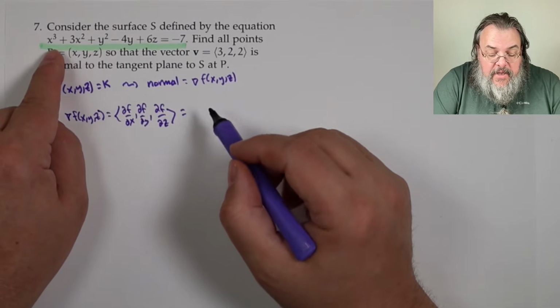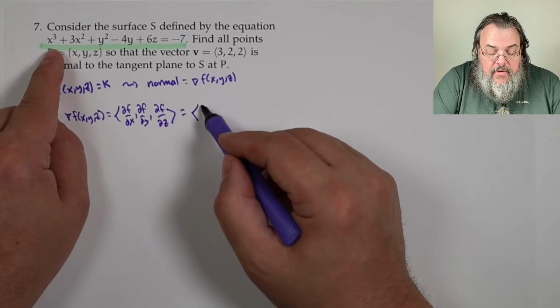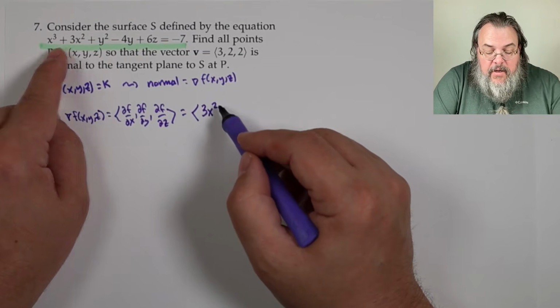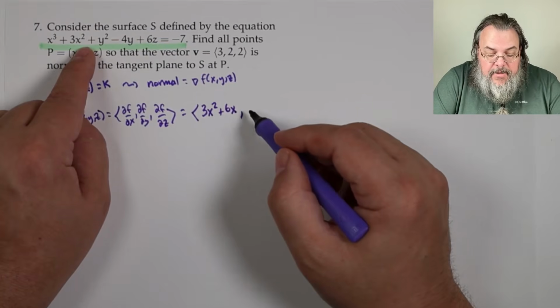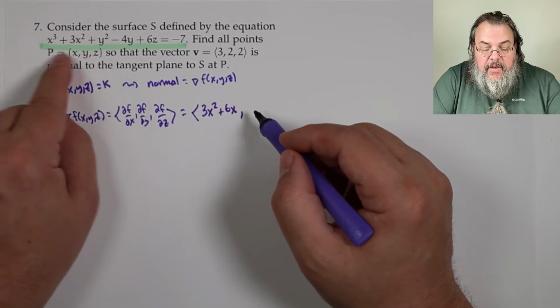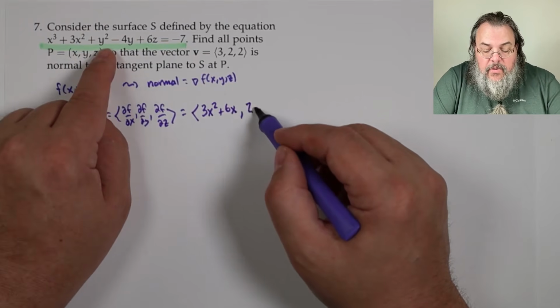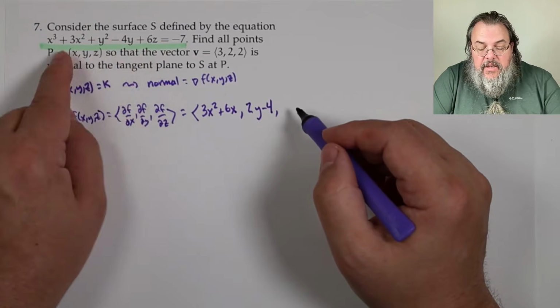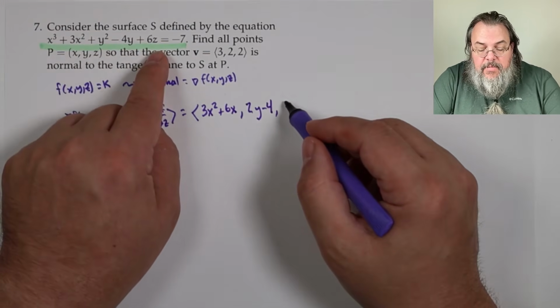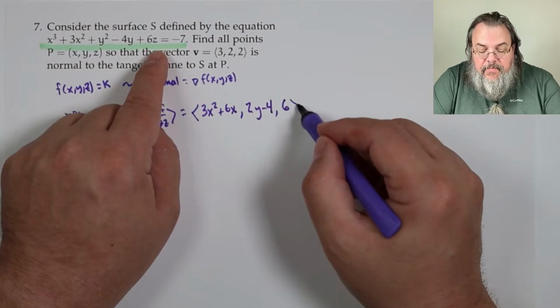Taking the derivative with respect to x will give us 3x squared plus 6x, comma. Taking the derivative with respect to y would give us 2y minus 4, comma. Taking the derivative with respect to z would be 6.